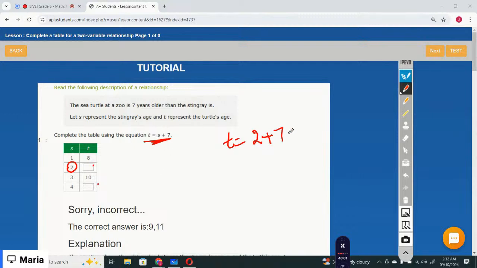Replace the value of S. 7 plus 2 is 9. So when S is 2, T is 9. So when S equals 4, that is 4 plus 7, which is 11. When S equals 4, T equals 11. Got it? Let's just start with the test questions.